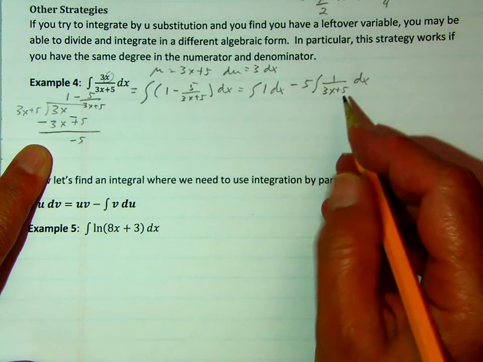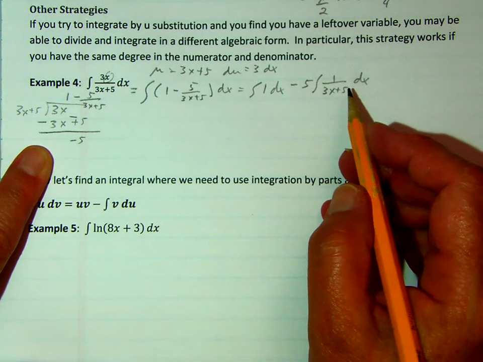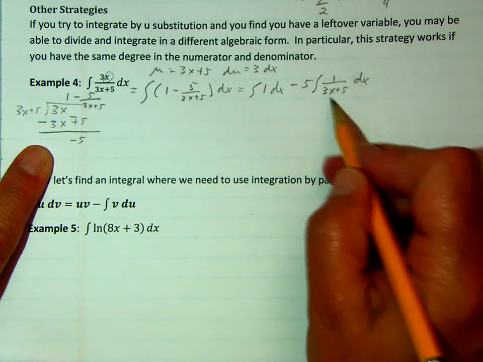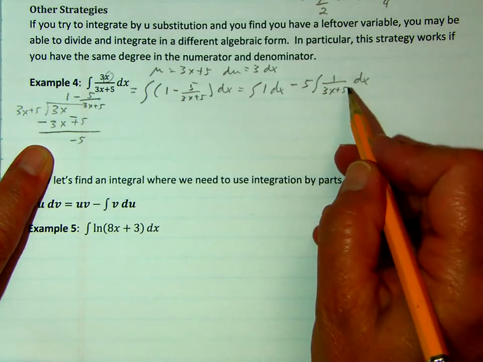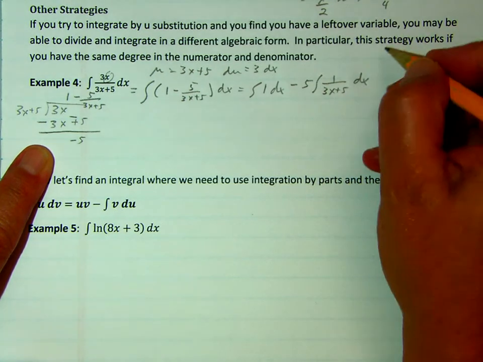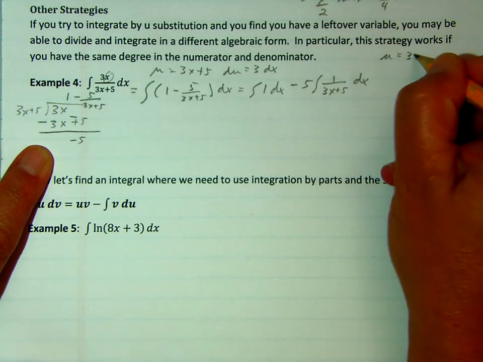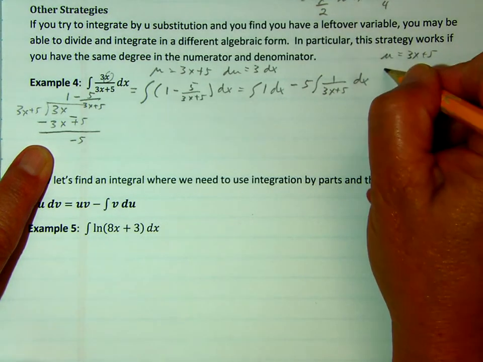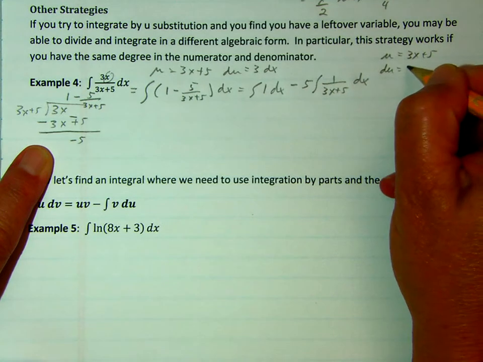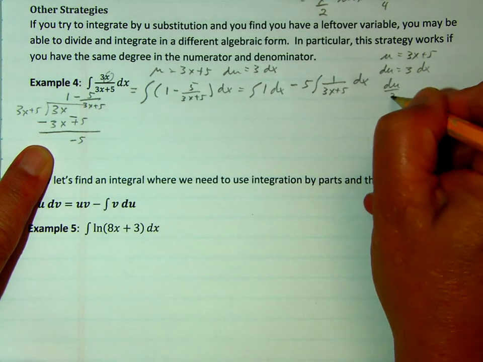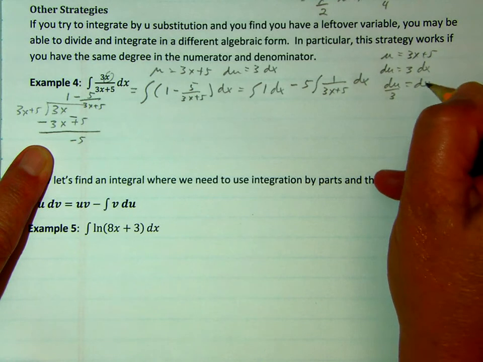And now I'm going to have to use the u substitution for this part, but it's going to work this time. So what I'm doing is I'm letting u equal 3x plus 5, then du is 3 dx. So du over 3 is dx.